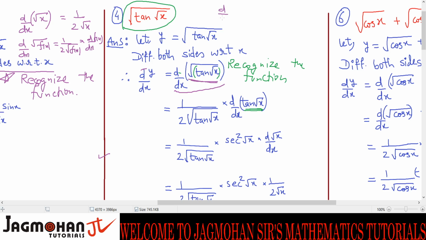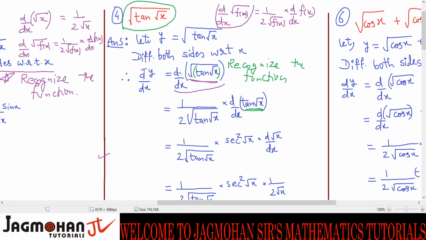You know, d by dx of root f of x will be 1 upon 2 root f of x into d by dx of f of x. Now you can compare this part with this part.